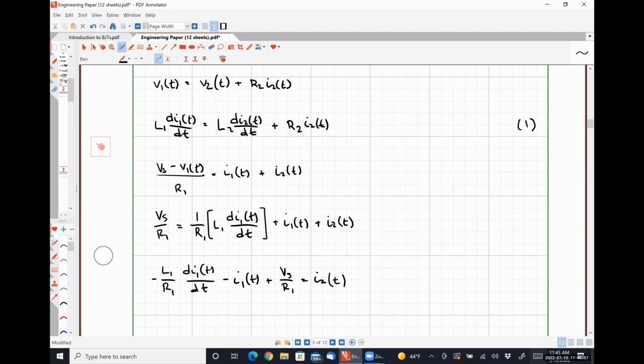So now we have I2 expressed only in terms of I1 and its first derivative. We can take the derivative of this guy to get the derivative of I2, right? So let's call this 2. So how do I take the first derivative of this whole equation? What's going to happen?